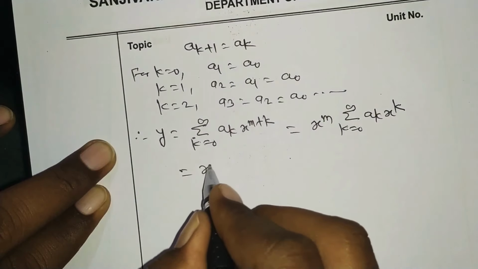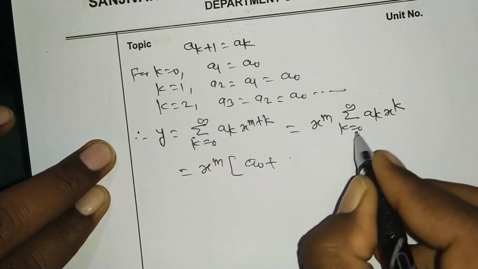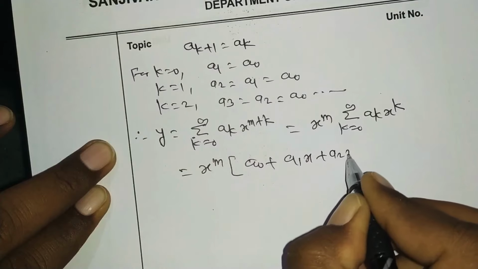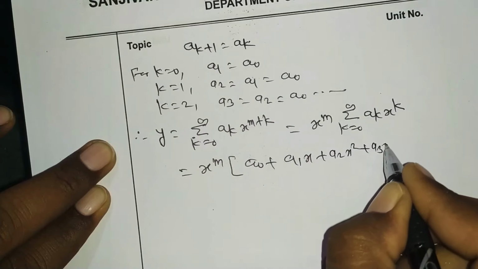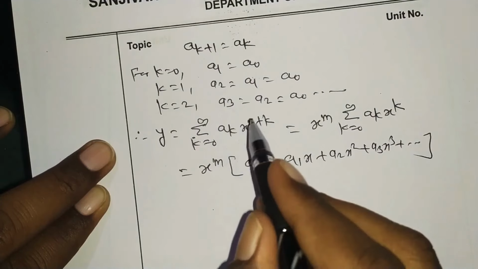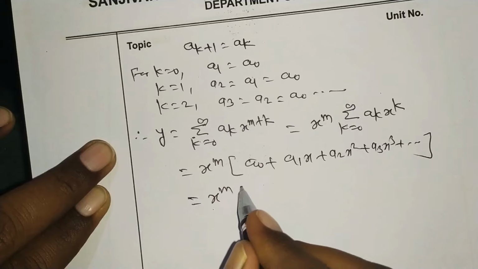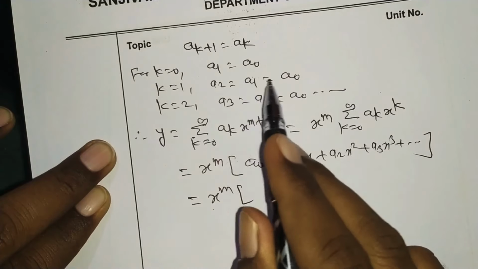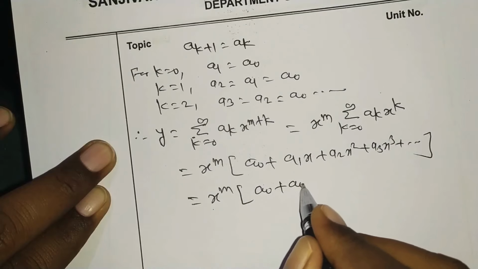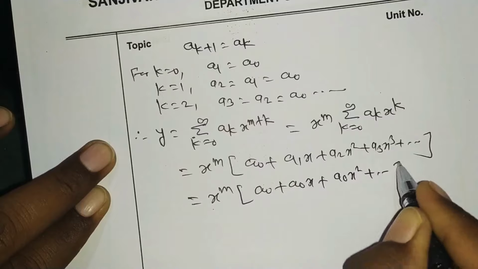So this is equal to x raised to m into a0, if we expand this series, plus a1x plus a2x square plus a3x cube and so on. Now what are the values of a1? Keeping a0 as it is here, a1 is a0, a2 is also a0, put here, so a0 plus a0x plus a0x square plus so on.